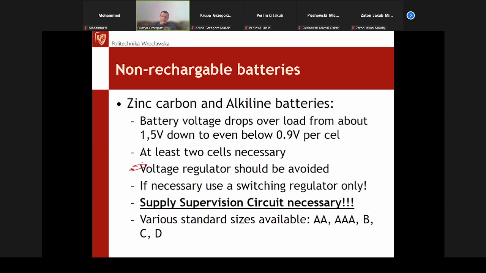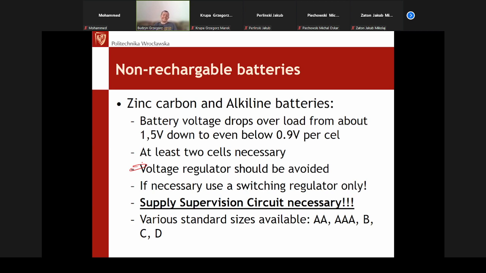Even with linear regulators and linear power supplies, you are not able to get as clean an output as out of batteries. So batteries are a fantastic source of noise-free power supply. But the problem is that the voltage drops, especially with zinc carbon and alkaline batteries, which means that our circuits have to be designed appropriately to handle this voltage drop over the lifetime of the battery.